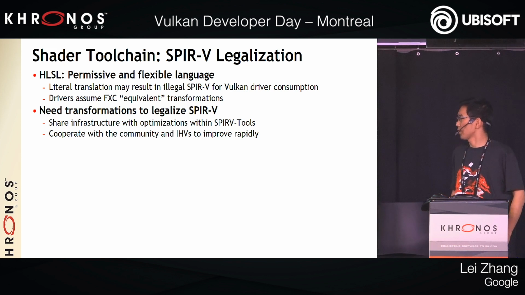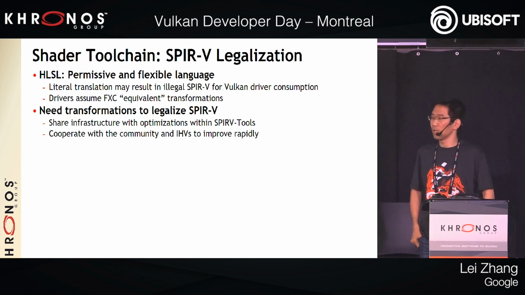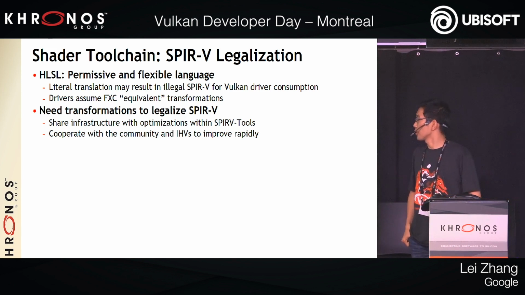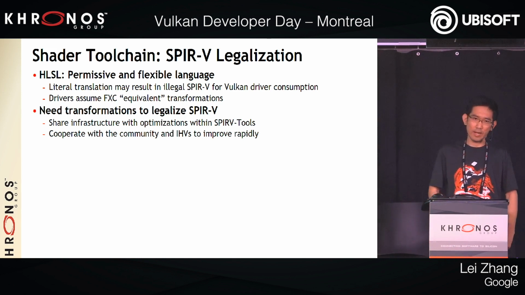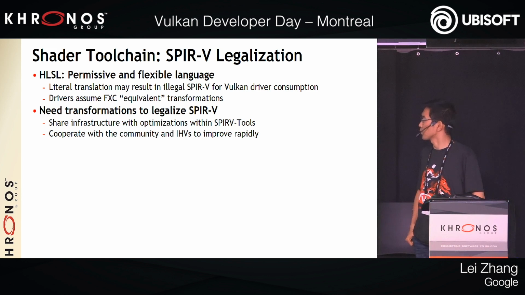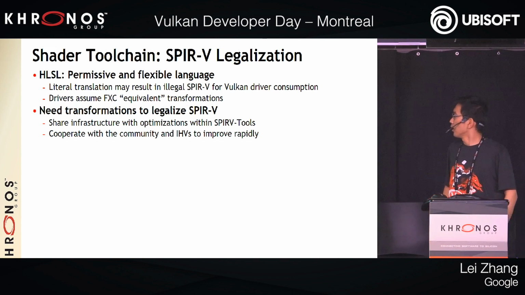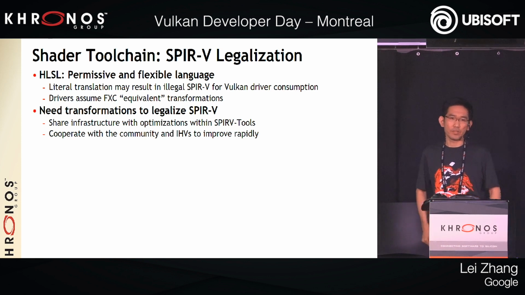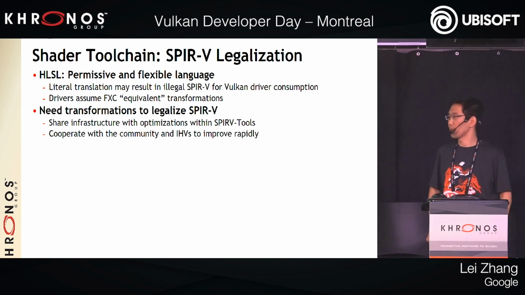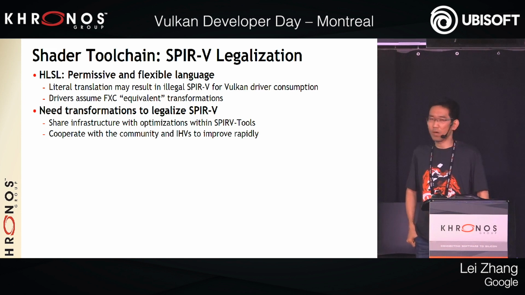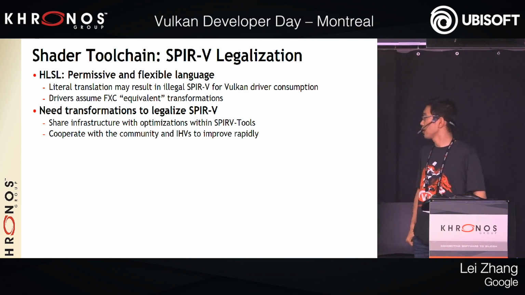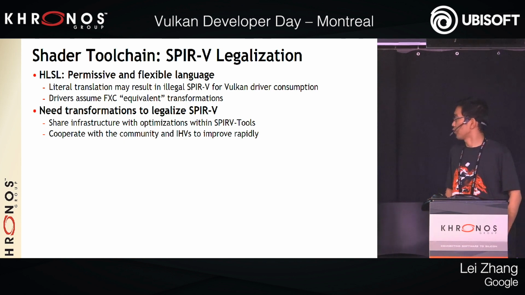These transformations are nothing special, just normal compiler optimization transformations, so they share the same infrastructure as optimization within SPIR-V Tools. This is an entirely new area for Vulkan. We have been largely addressing legalization issues in recent months, and it has been quite successful thus far. We have covered all the cases that we are aware of, but certainly we may miss something. So if you find one, please don't hesitate to file an issue with us.